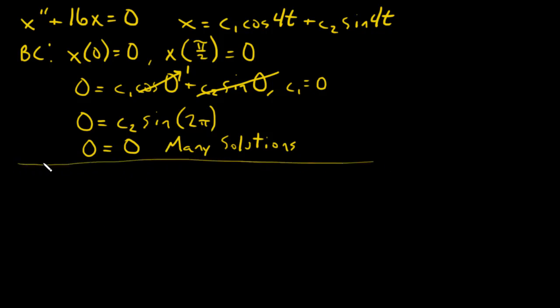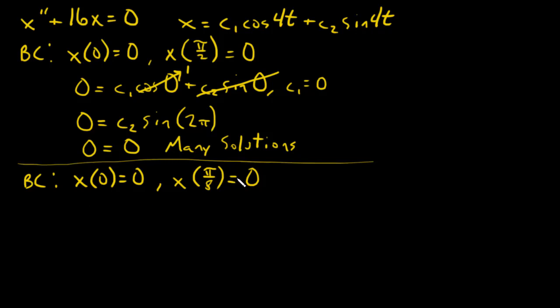Now let's look at the boundary conditions of x at 0 is 0, and x of pi over 8 equals 0. Well, the first condition is exactly the same, so I'm going to wind up with C1 equal to 0. So I'm just going to jump straight into the second line where I'm solving for C2.